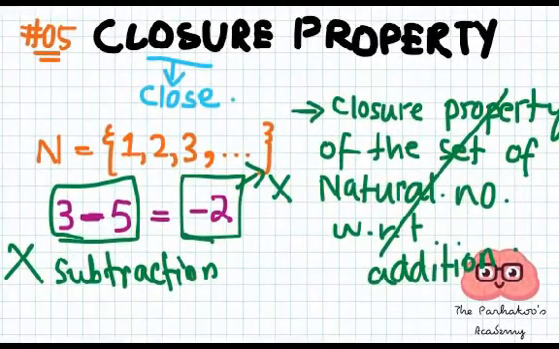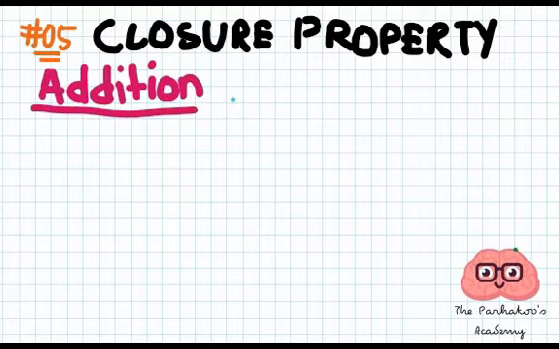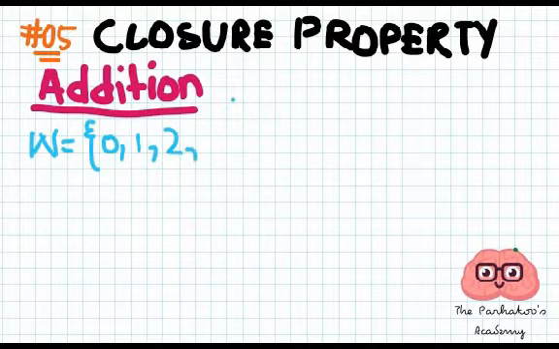Let's see more. Now let's first see the closure property with respect to addition. Let's assume this time the set of whole numbers. As you know, whole numbers start off with 0.